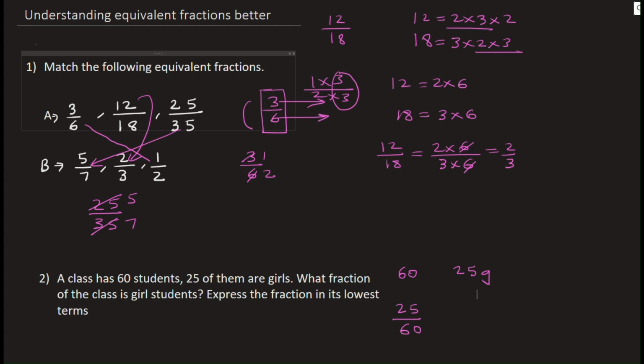So 5 is a common factor. 25 is 5 times 5 and 60 is 5 times 12. So here 5 is the common factor and I cancel out this 5. So what remains is 5 over 12. So in the lowest terms, the fraction is 5 over 12.